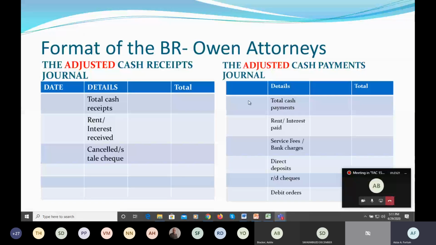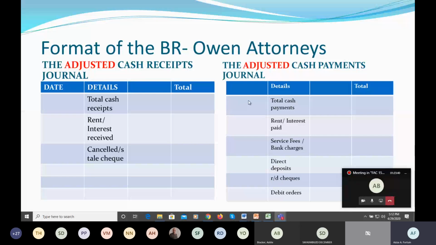The bookkeeper of Owen Attorneys totaled the business cash receipts and the cash payments journal for March. So what I do is, and this is how I teach the students, we do a framework, and in the framework, we kind of memorize all the stuff that would go into a bank recon.